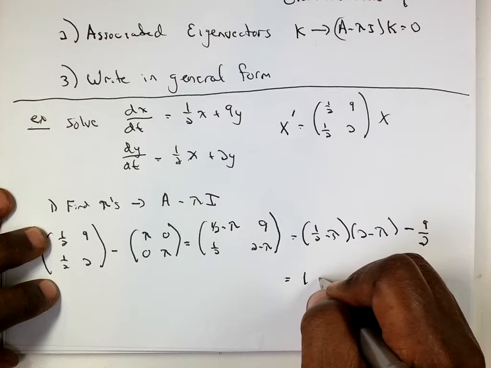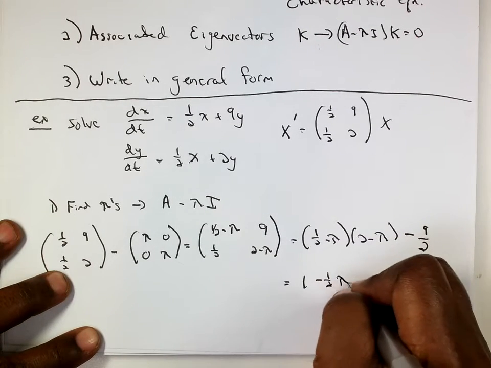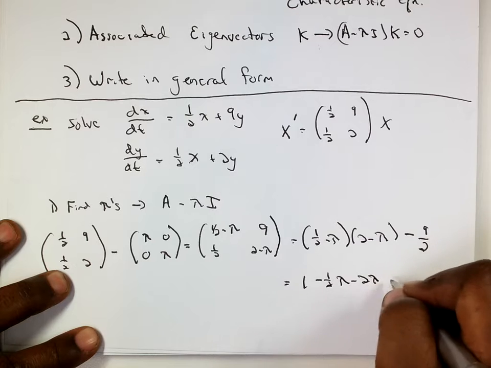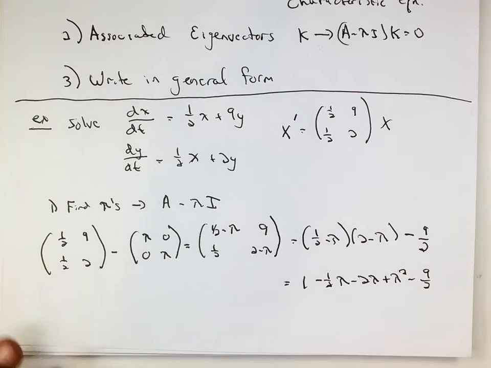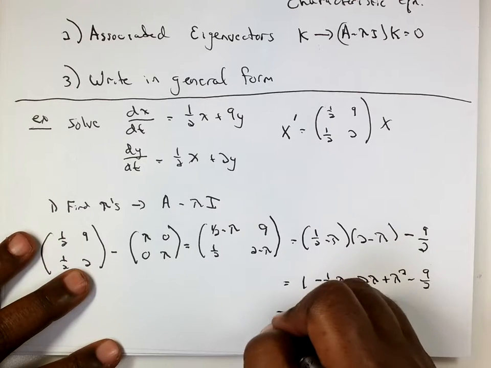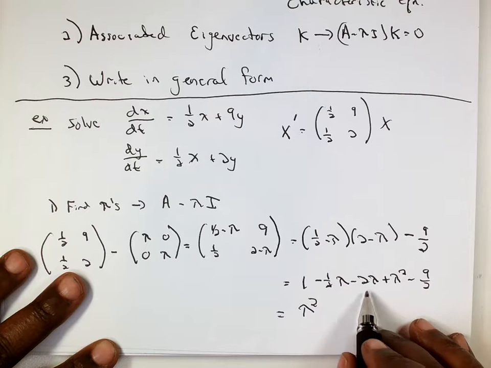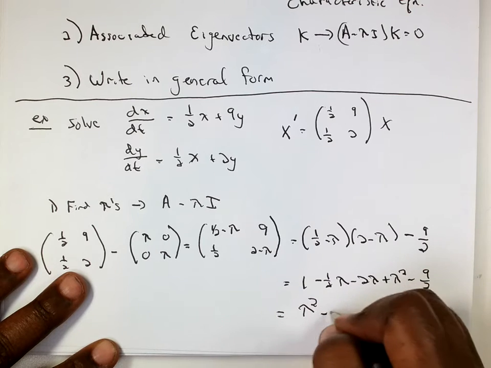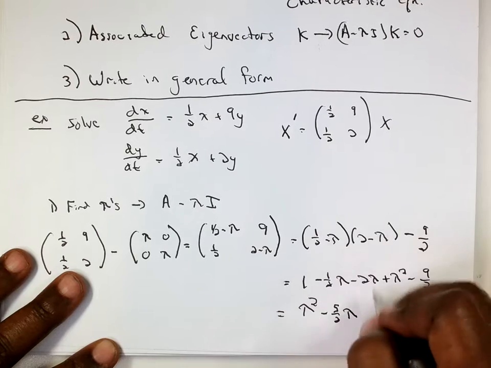I get 1 minus 1/2 lambda minus 2 lambda plus lambda squared minus 9/2. So just rewrite that and clean it up. We end up with lambda squared minus 5/2 lambda minus 7/2.